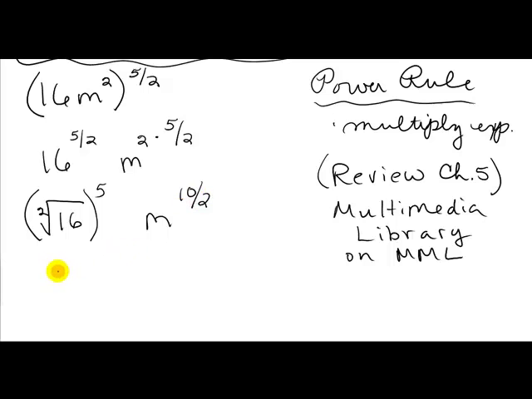So then the square root of 16 is 4, and to the 5th power, m, 10 divided by 2 is 5. But we want to go ahead and simplify this out, and so you're going to do 4 times 4 times 4 times 4 times 4. So drag out your calculator. This is not going to be a small number.